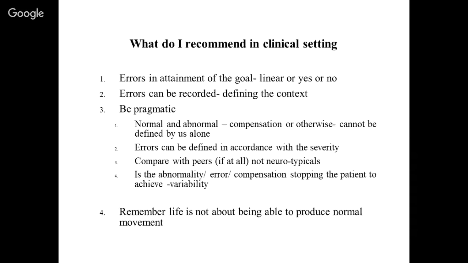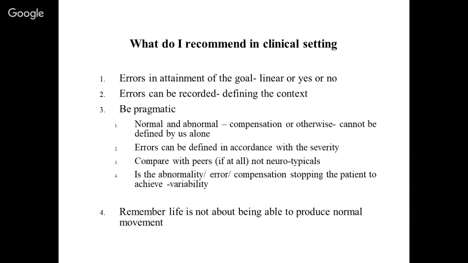That, I think, is a big no no. Also, in stroke, comparing severely affected people with severely affected people will make more sense than comparing them with mildly affected people. That is not a good way to look into it.